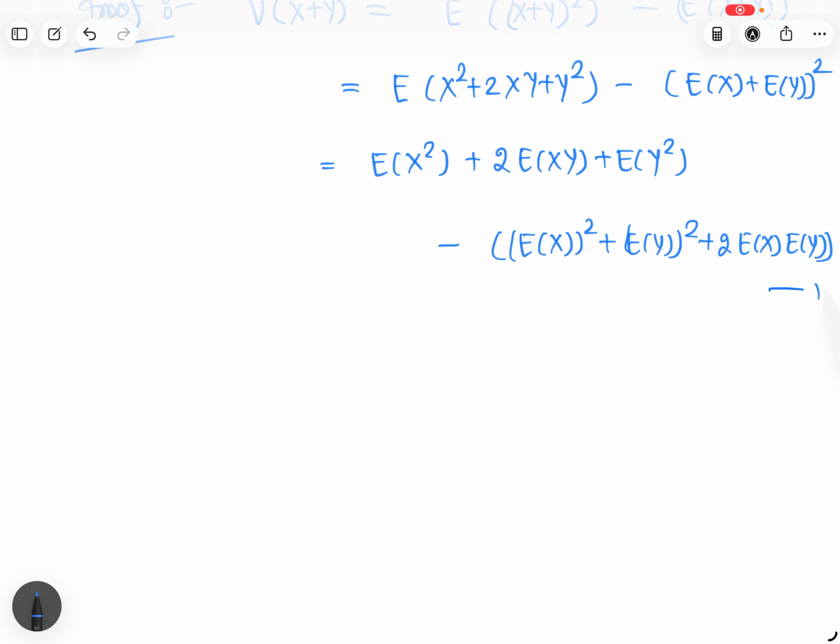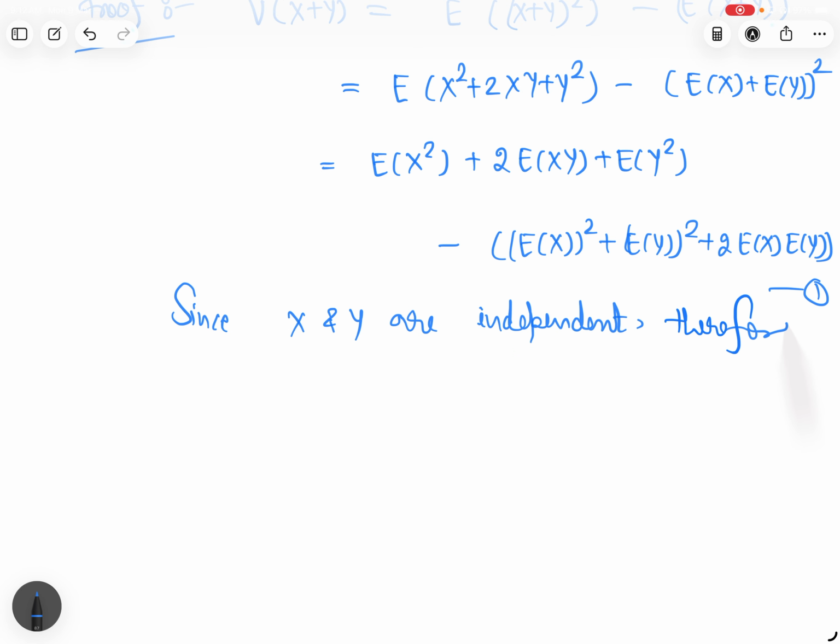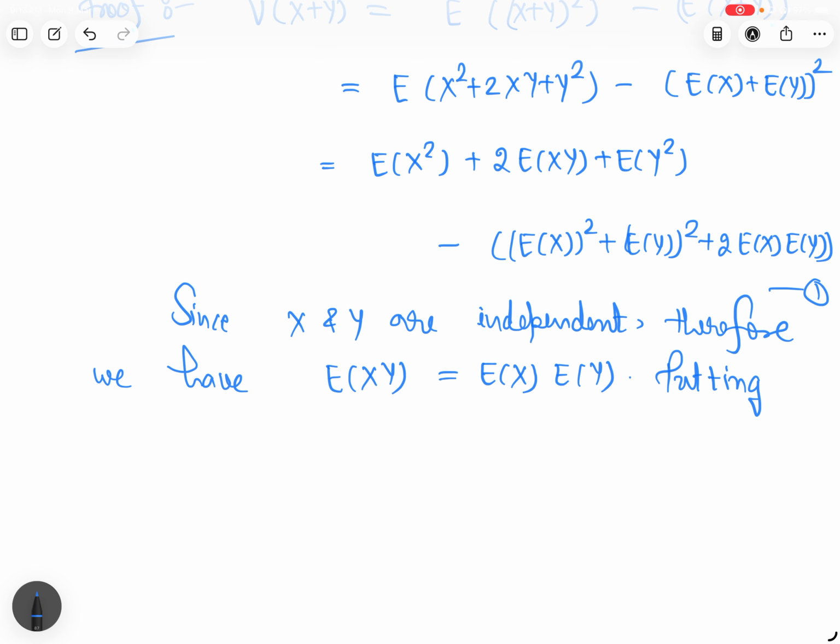Now let's call it equation 1. Since x and y are independent, therefore we have E of xy equal to Ex into Ey. So put this value in equation 1.